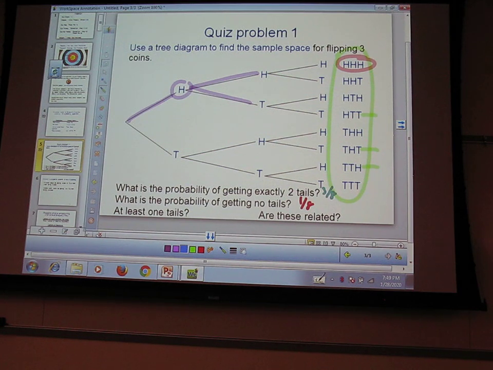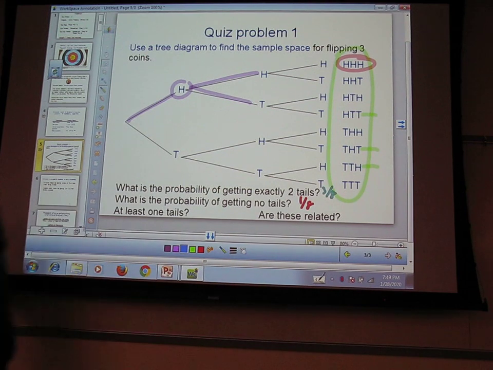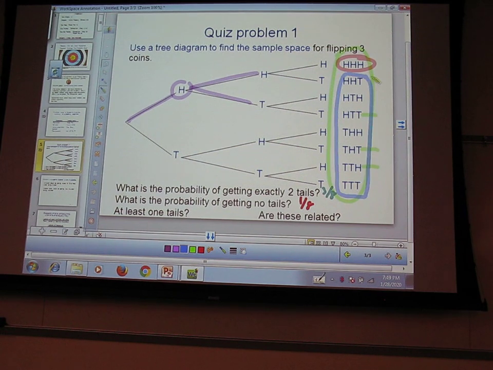Do you guys see what I'm saying? So at least means this much or more. So at least 1 tail means 1 or 2 or 3 in this case. So that's all of these guys here. Good. What's that probability? 7 out of 8.